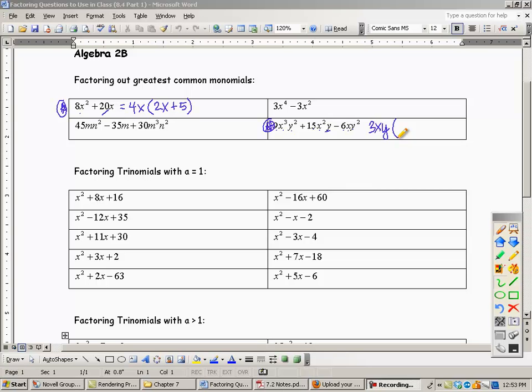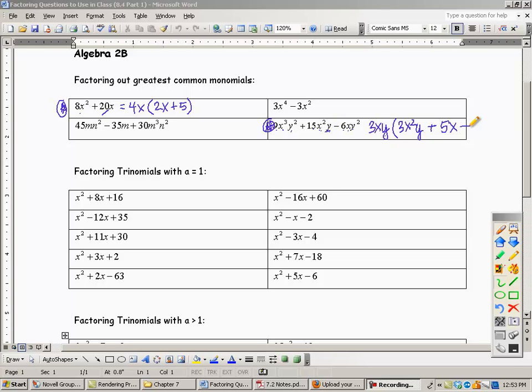Okay, and if I pull this out, 3 times 3 gets you 9. I had 3 x's, and there's 1 that I pulled out, so I need x squared left. I had 2 y's, and I pulled out 1, so I have 1 y left. Plus 3 times 5 gets me 15. I had 2 x's, so I need 1 more, and I already took the y out.